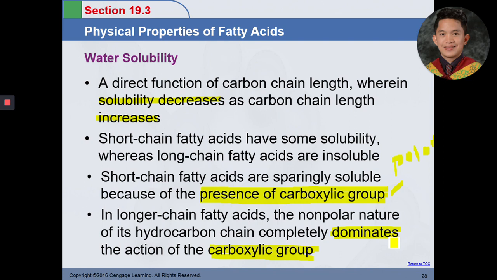Short chain fatty acids are still slightly soluble in water because of the presence of the carboxyl group or the carboxyl end. Although long chain fatty acids also have carboxyl groups, the long nonpolar chain would completely dominate the action of the carboxyl group, which is why it is completely not soluble in water and other polar solvents.